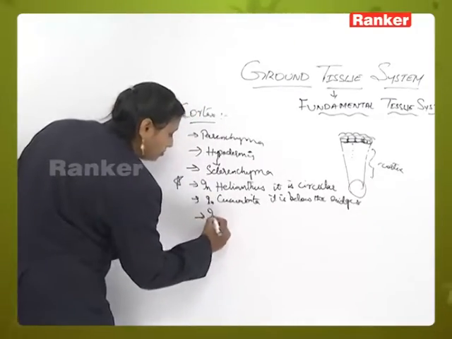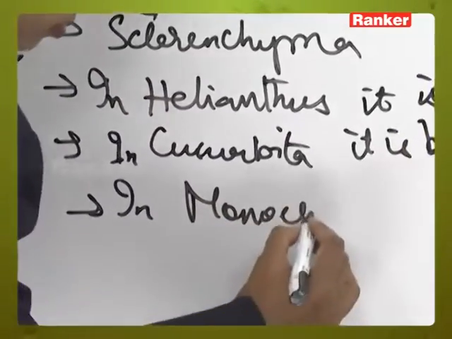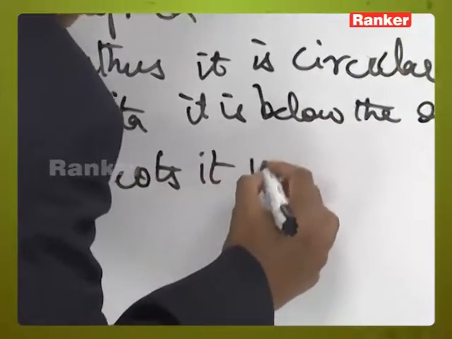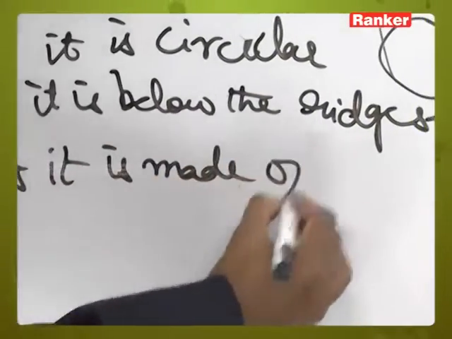And in monocots it is made up of sclerenchyma.